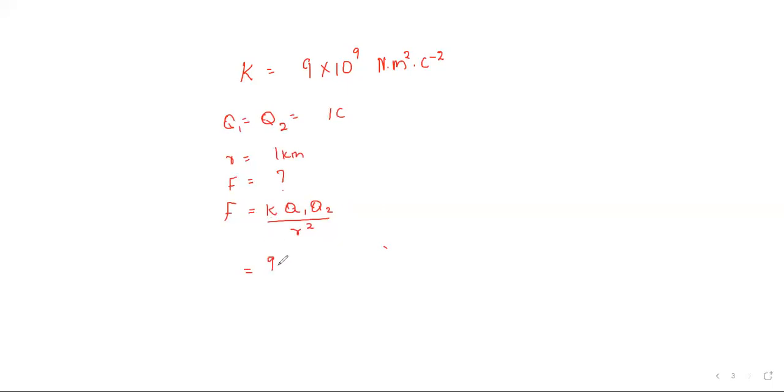That will be equal to 9 times 10 to the power 9 Newton meter squared per coulomb squared multiplied by 1 coulomb, another 1 coulomb, and then R squared, which is 1,000 meters squared.